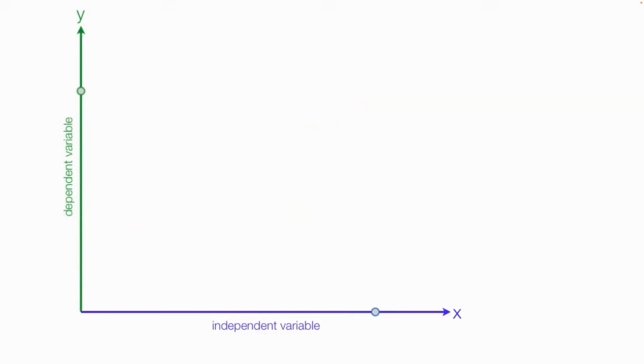If, on the other hand, as the independent variable increases and the dependent variable decreases like this, we say there's a negative relationship. The line would look like this, go downward.